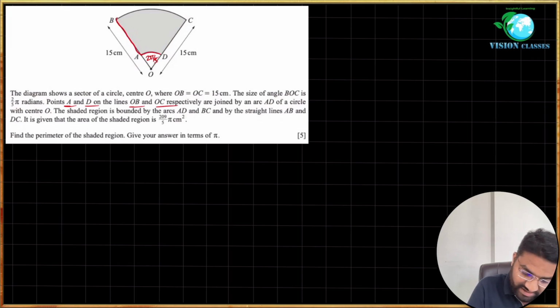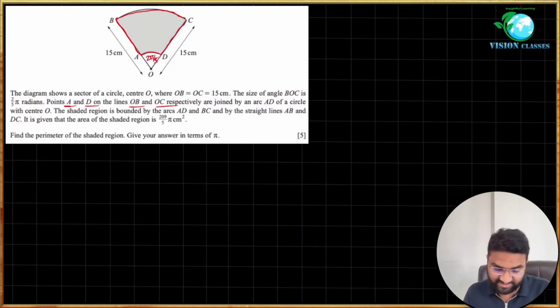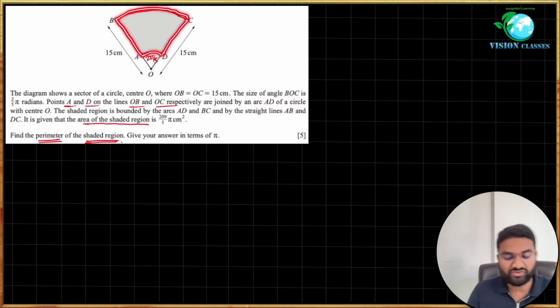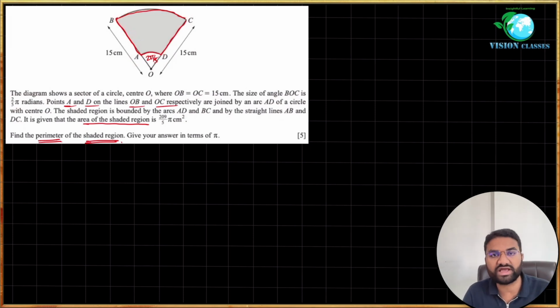The area of the shaded region is given as 209 pi over 5, and we have to find the perimeter of the shaded region. You can start from A to B, B to C, this arc, then C to D and D to A. This is the perimeter that we have to calculate.